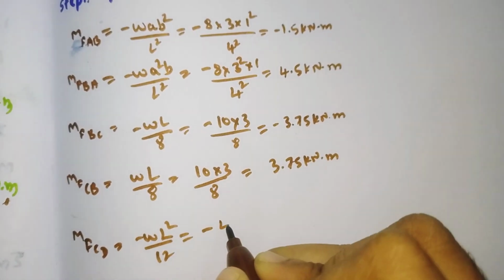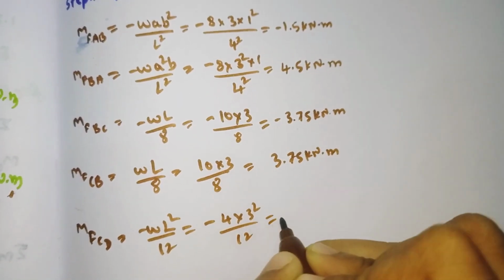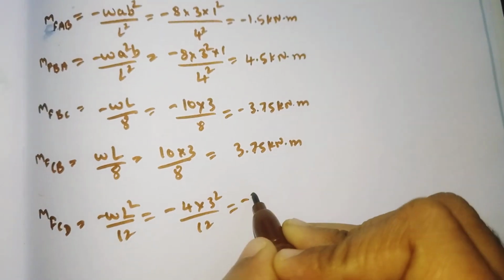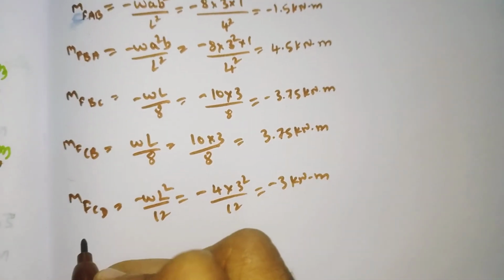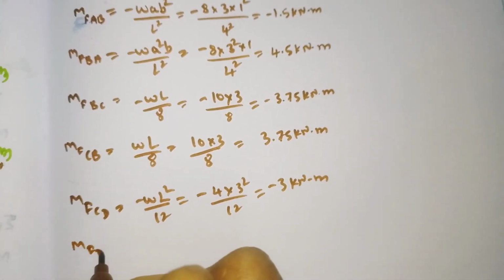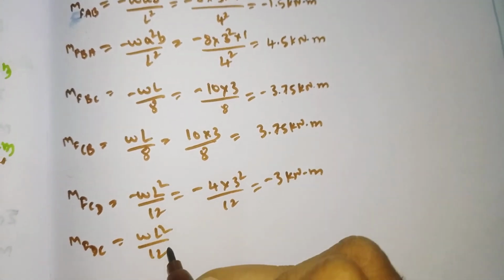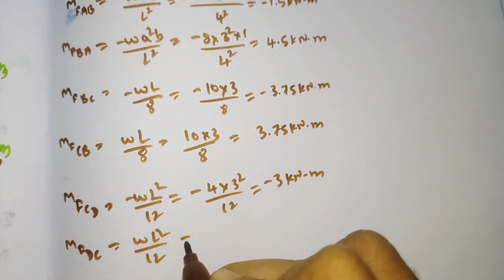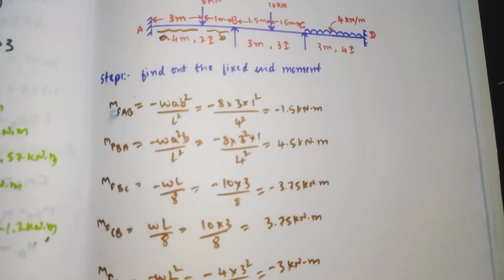Minus 4 into 3 square divided by 12. By simplifying, it will come out as minus 3 kilonewton meter. Similarly for MFDC we have the same formula, only the sign will change, here positive. Substituting all the values, it will come out as 3 kilonewton meter.